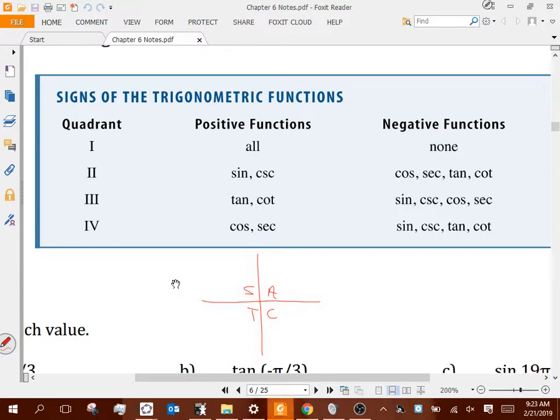If you use all students take calculus, you have to remember that that is the device to tell you which trig ratios are positive. Does that make sense? And the way I remember that, what's the coordinate plane look like when I draw it with those red lines up there? It looks like a plus sign, doesn't it? Okay, so that's telling me which trig ratios are positive. And if I know which ones are positive, obviously I know which ones are negative.